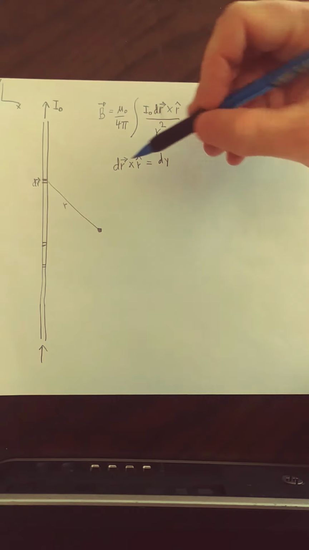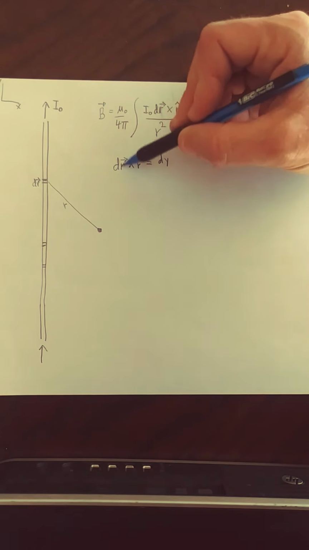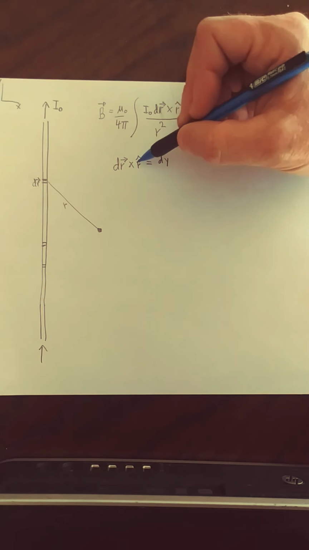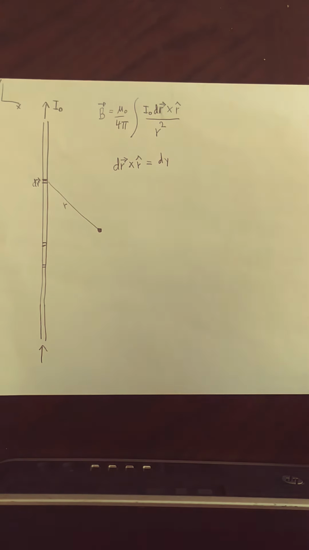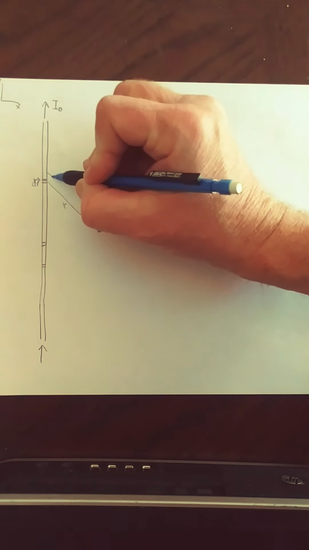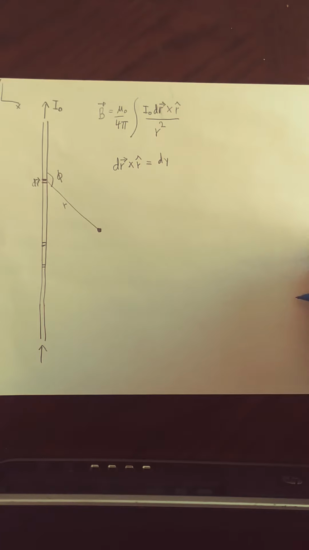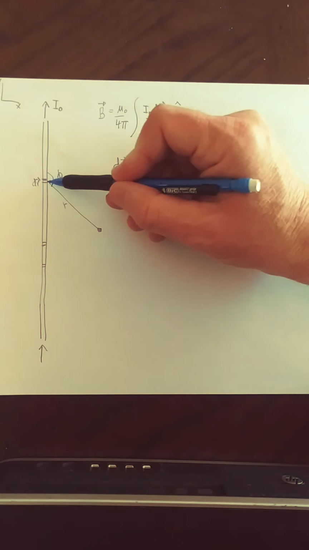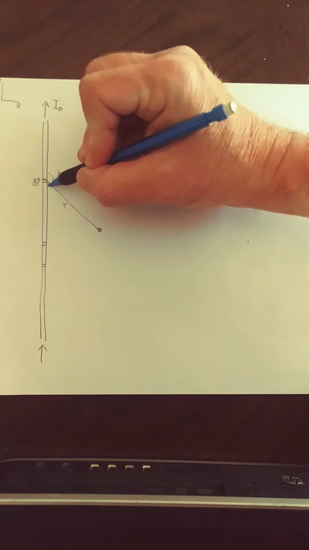We can write it as the magnitude of dr times the magnitude of r hat times the sine of the angle between these two, times some unit vector. Let's call this angle phi.